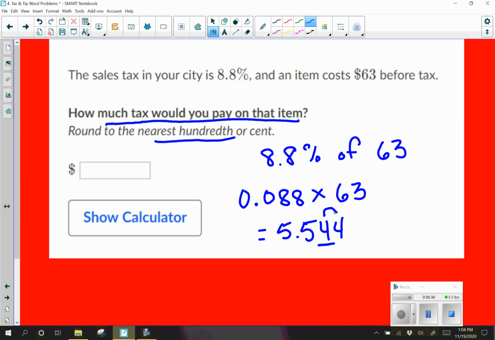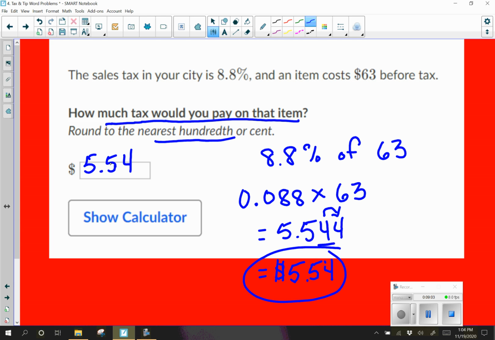So just a reminder, this number here to the right tells us what to do. 5 and above, we give it a shove. 4 and below, we let it go. So that means our final answer here for the tax would be $5.54. Write that in here. Now it was asking for the tax, so that's our answer.